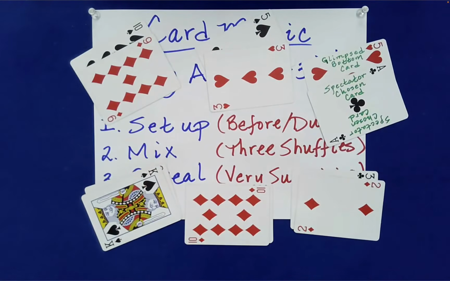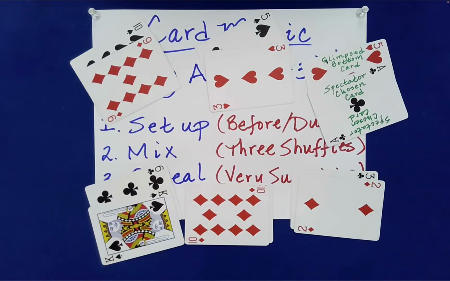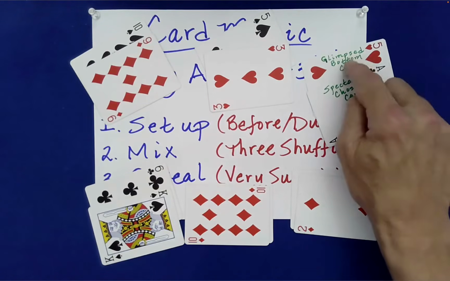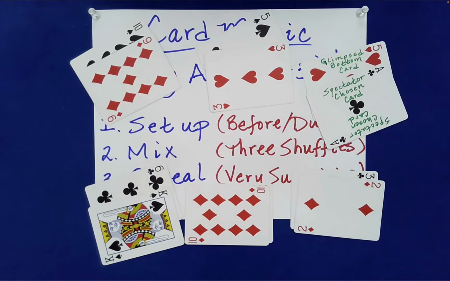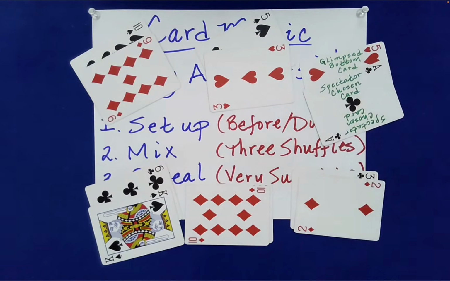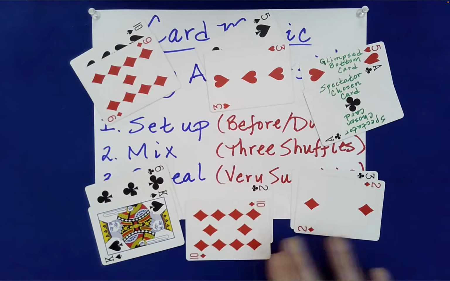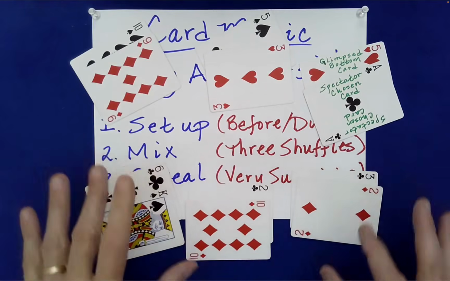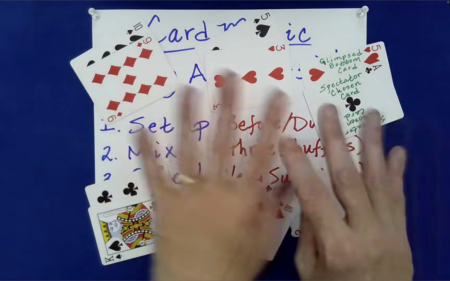You just set them down as pairs. And now what you need to do is just locate your glimpsed card. It's over here, okay? And then just rest assured, because of the mathematics, your glimpsed card will be paired with the spectator's noted card, okay? That will always happen. And then from here, you just use your creativity to decide how to reveal the fact. Because you already know the answer.